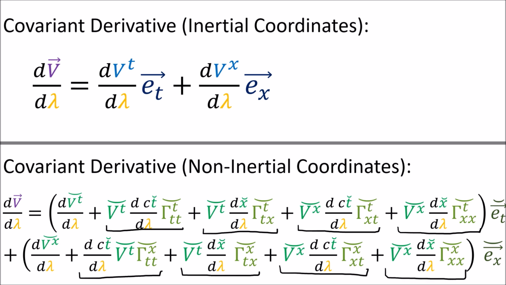So when we want to take the covariant derivative of a general 4-vector with respect to a general path parameter in any coordinate system that we want, we use this big formula here, where we need to compute the Christoffel symbols to keep track of the changing basis vectors.